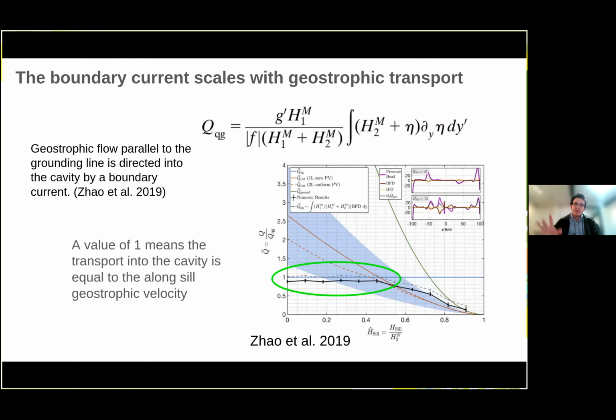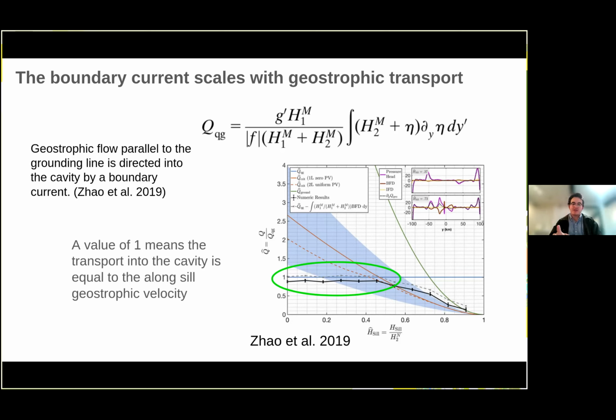And this figure that I put on the right is another one from Ken's paper, and it's a lot to take in. But all you really have to know is that on the y-axis, the values are the ratio of the transport into the cavity as diagnosed from his model, divided by the geostrophic velocity you would imply from the change in interface height from the north to the southern boundary, which is a mouthful.